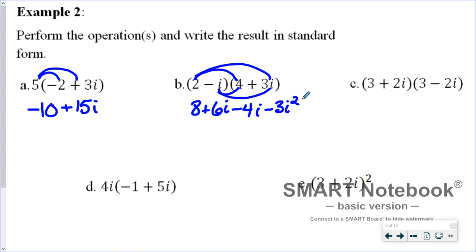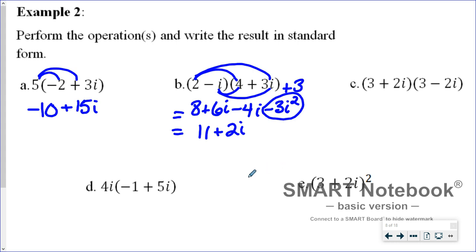Now do be mindful, we just talked about i squared, and i squared is equal to negative 1. So negative 3 times negative 1 really becomes positive 3. So we have 8 plus 3, that would give us 11, and 6i minus 4i would give us positive 2i.